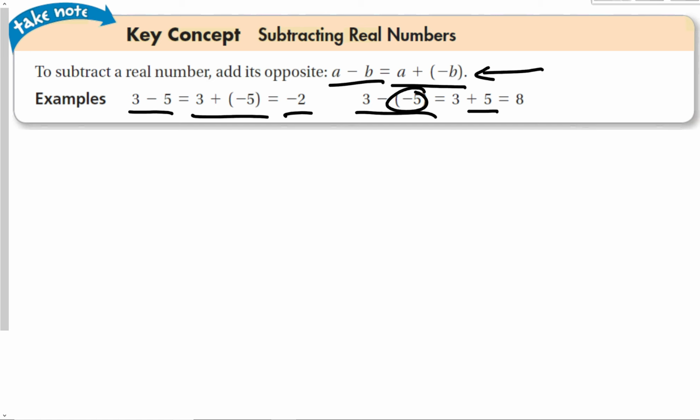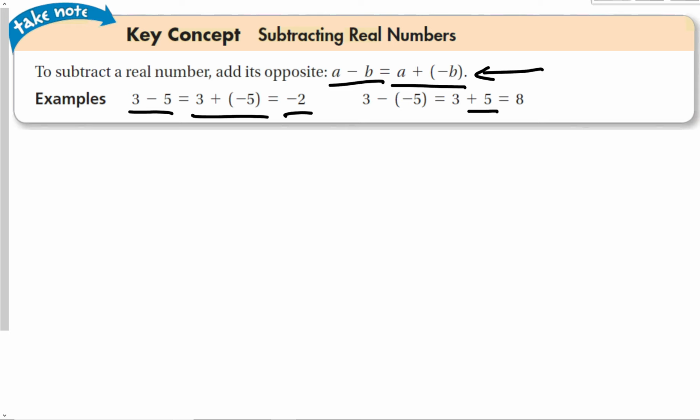And when we have a negative and a negative, and we want to cancel those out and change the signs, we can do that. The reason we can do that is this property right here, the inverse property of addition.